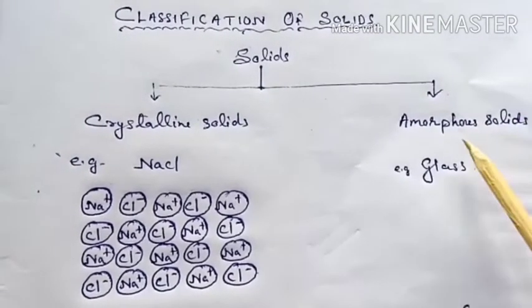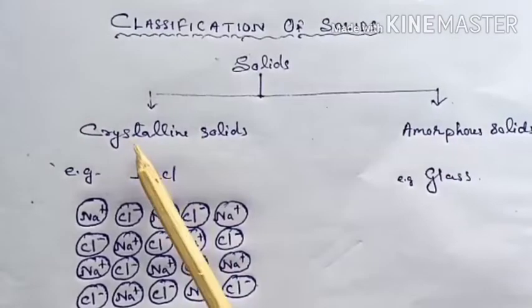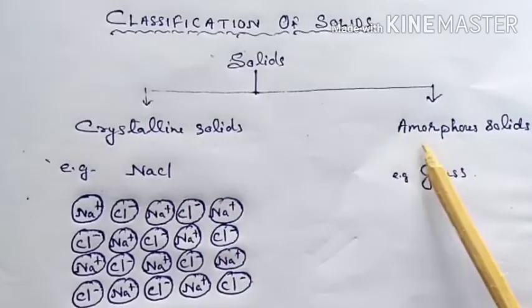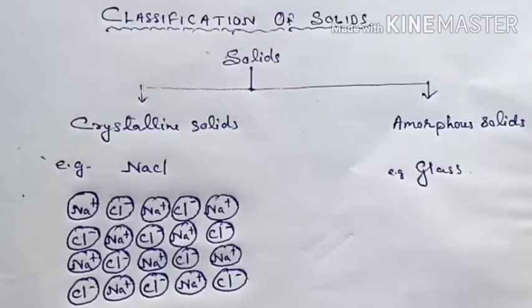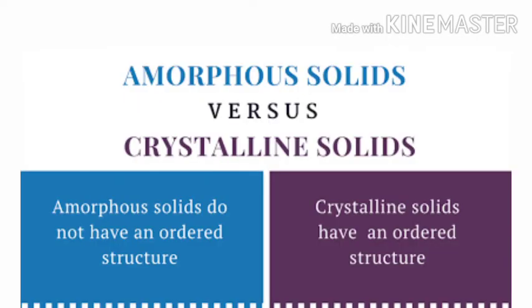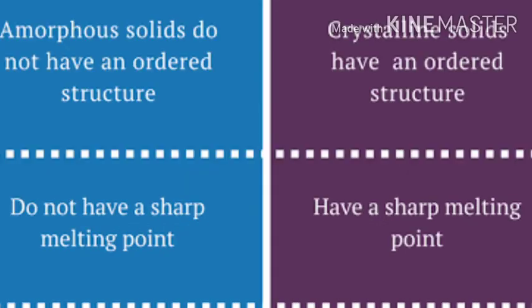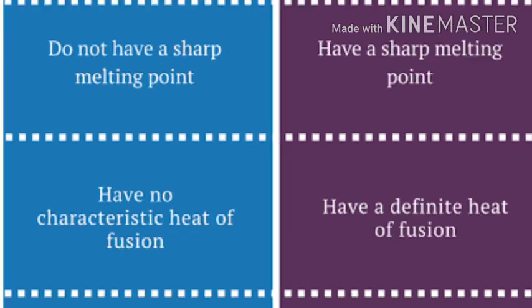Now students, let us have a look at the differences between crystalline solid and amorphous solid. The basic difference is that amorphous solids do not have an ordered structure, whereas crystalline solids have an ordered structure. Amorphous solids do not have a sharp melting point, however, crystalline solids have a sharp melting point.